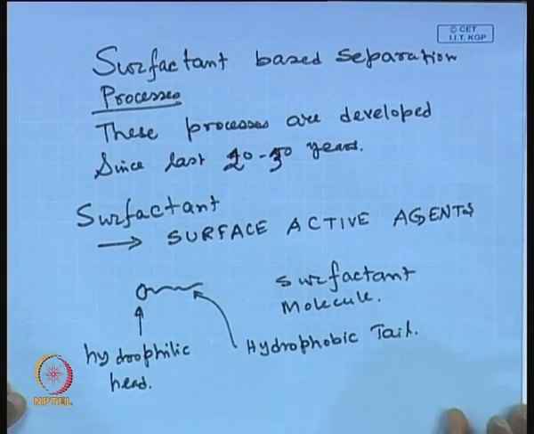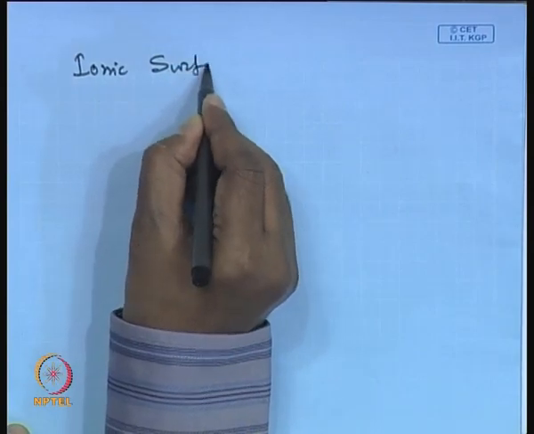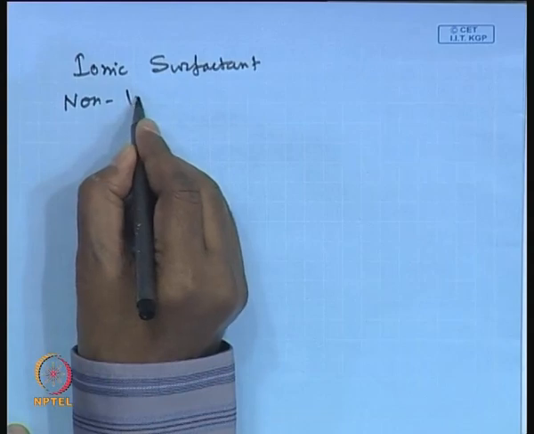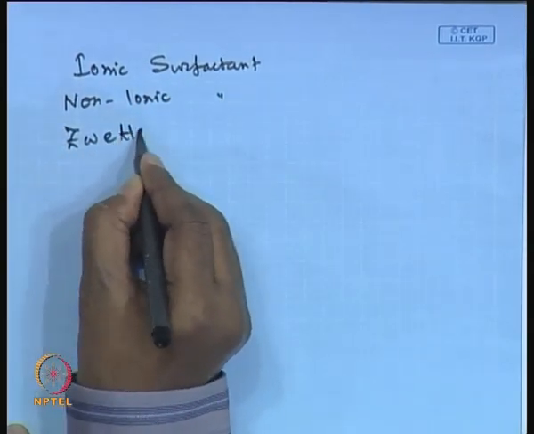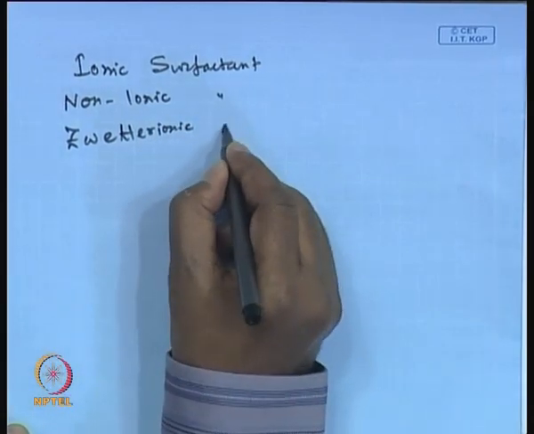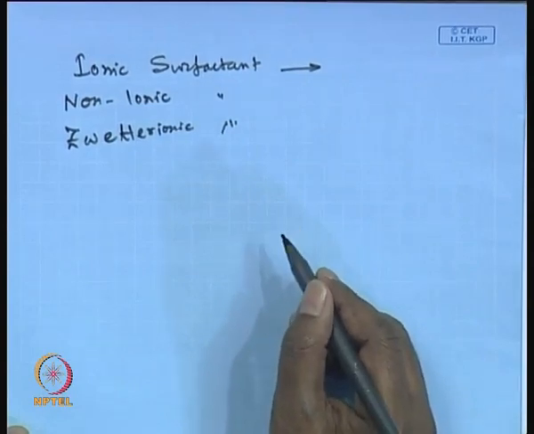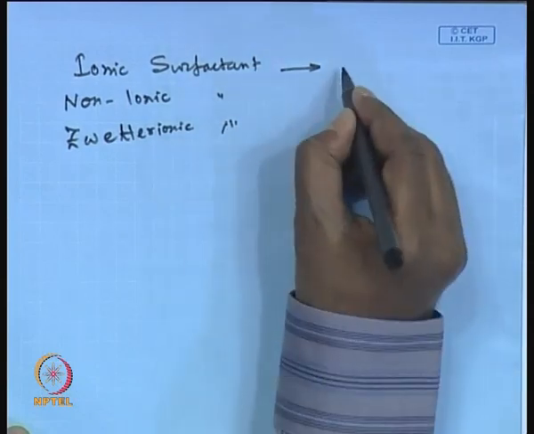Now, there are several types of surfactants that we will go into in detail later. One is the ionic surfactant, then the non-ionic surfactants, and the zwitterionic surfactant. Now, ionic surfactants have an ionic group present, for example, sodium dodecyl sulfate.